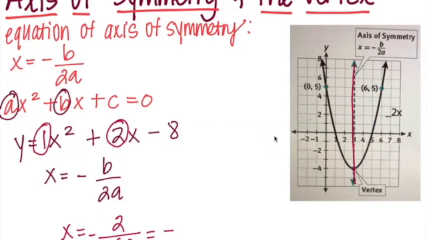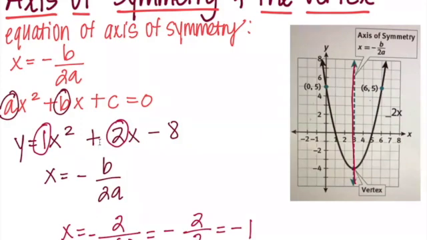So negative 2, and then we do order of operations. 2 times 1 is 2. Negative 2 over 2 equals negative 1. So that means my axis of symmetry will be x is equal to negative 1. And if I ask you to write it as an equation, that's what you would say here: x is equal to negative 1.